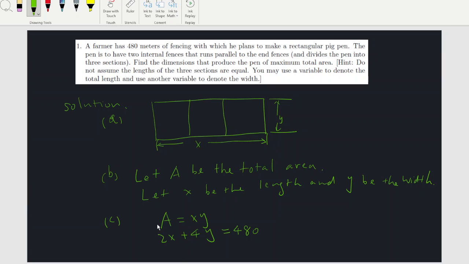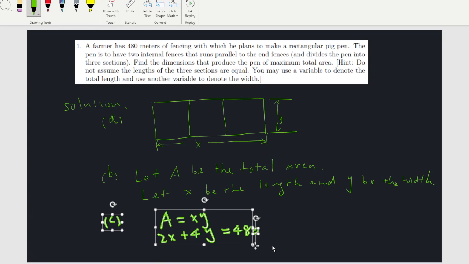In this particular case, we want to write A, the area, which is the quantity to be maximized, as a function of only one variable, either x or y. I'll move on to the next slide.